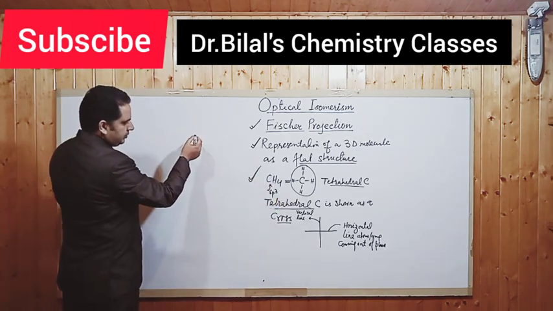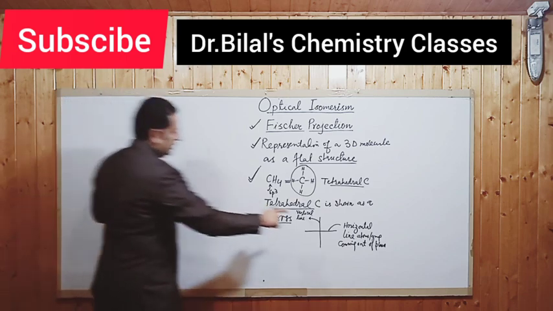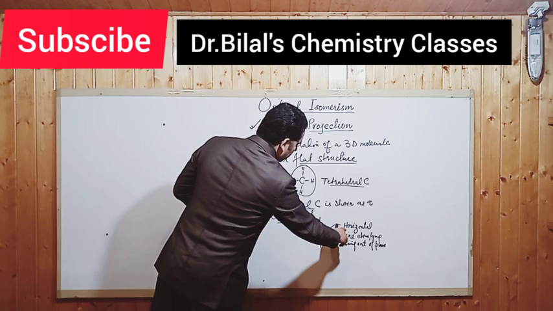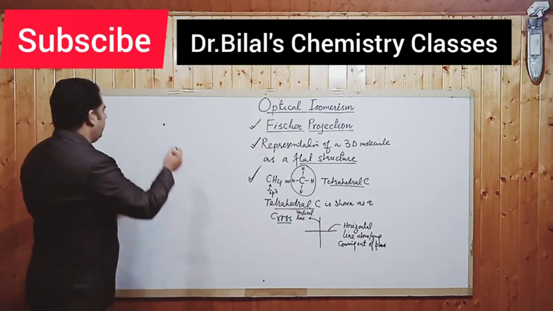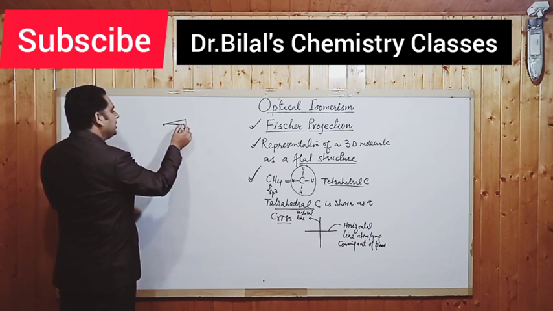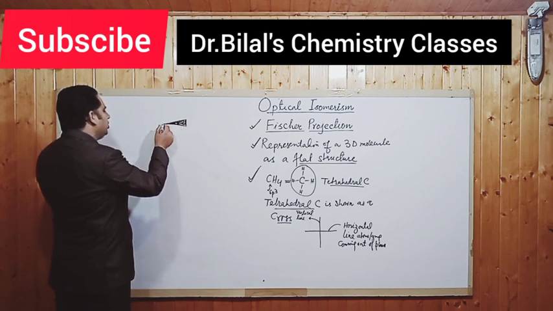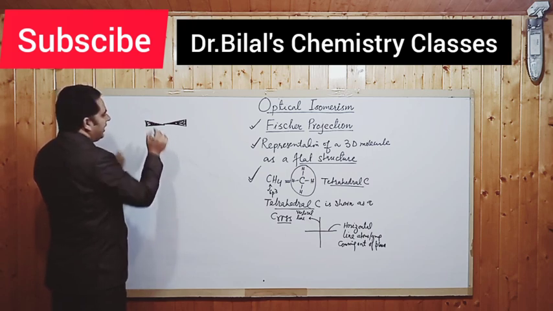If I show this, this is the carbon. On the horizontal line, we have atoms which are coming out. So I will show that with this. This is known as the wedge. So the two groups which are coming out are shown by the wedge.